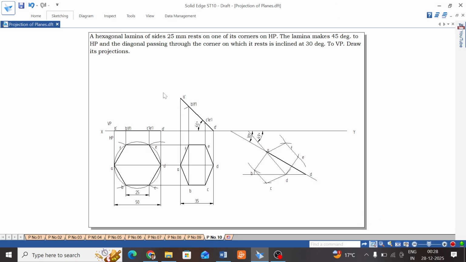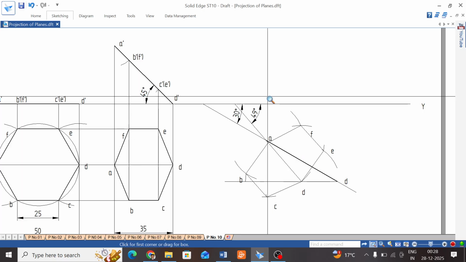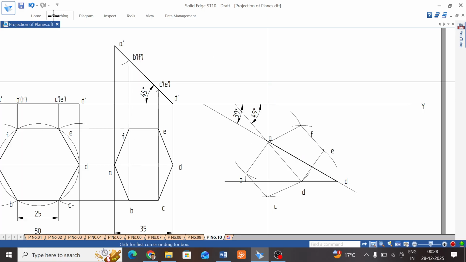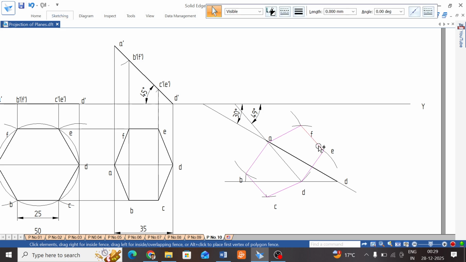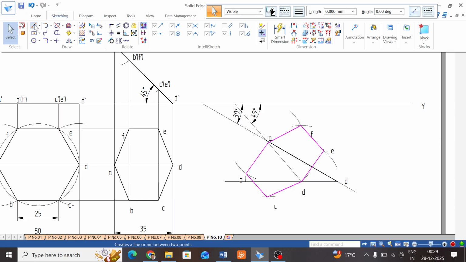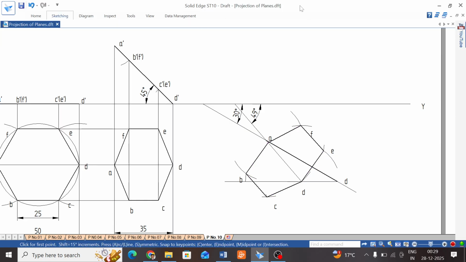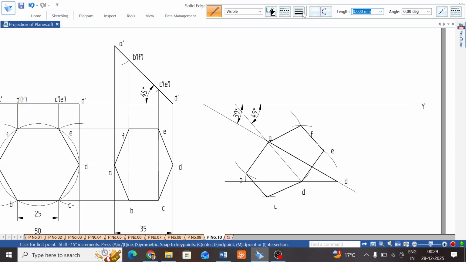And next zoom, and this hexagon must be always thick. Thick line. Now taking line, project for front view.